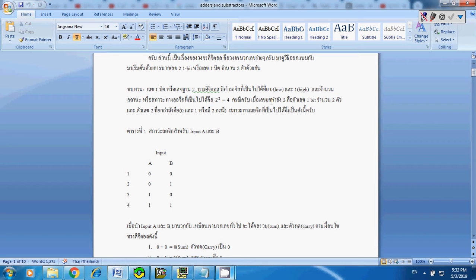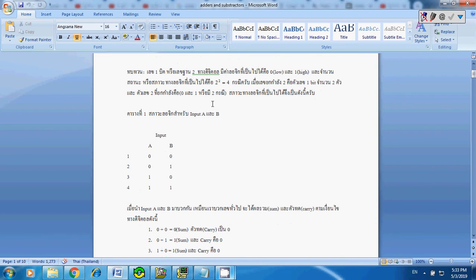The total combination of logic states is 2 to the power of 2, which in this case is 4, because we have 2 numbers of 1 bit.